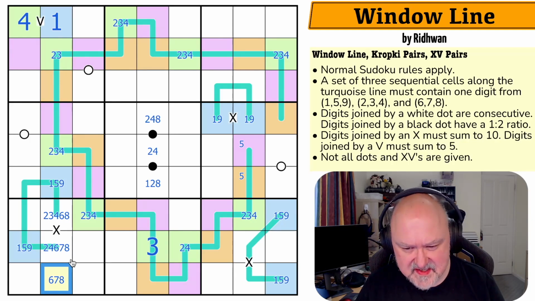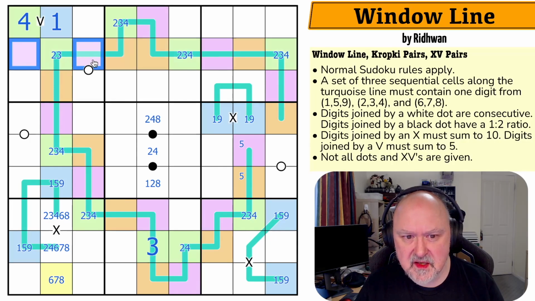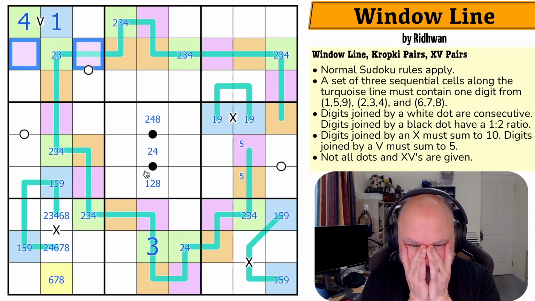I feel I've missed something here. One here, if this is blue, that's a 1. And these are 5, 9.